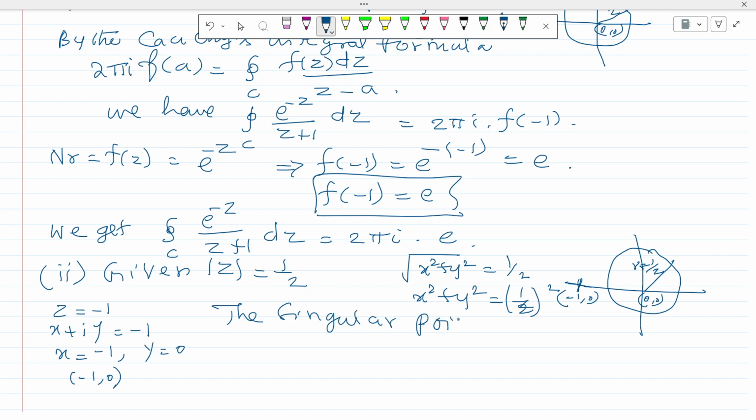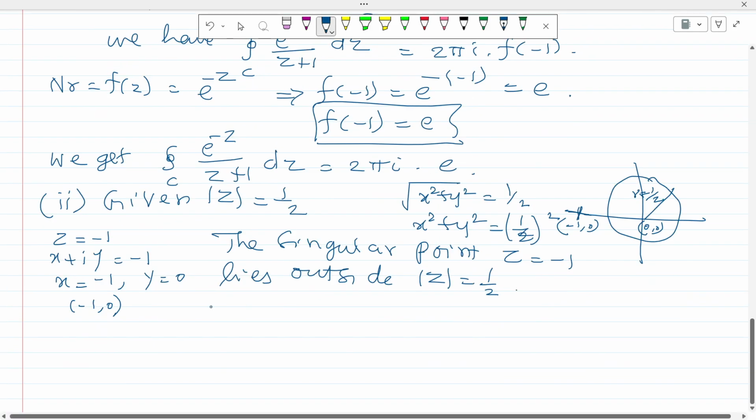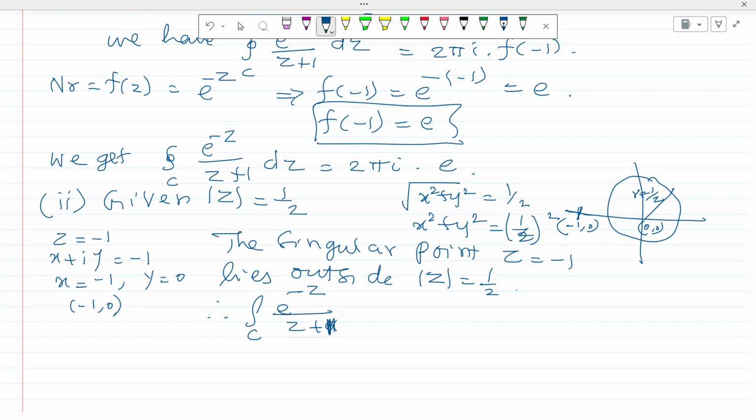Okay, fine. Now write down the singular point. z equal to minus 1 lies outside mod z equal to 1 by 2. Therefore the integral over C of e power minus z by z plus 1 dz equals 0 by Cauchy theorem.